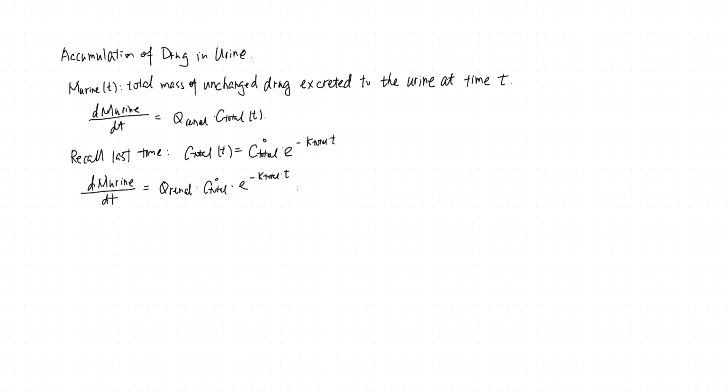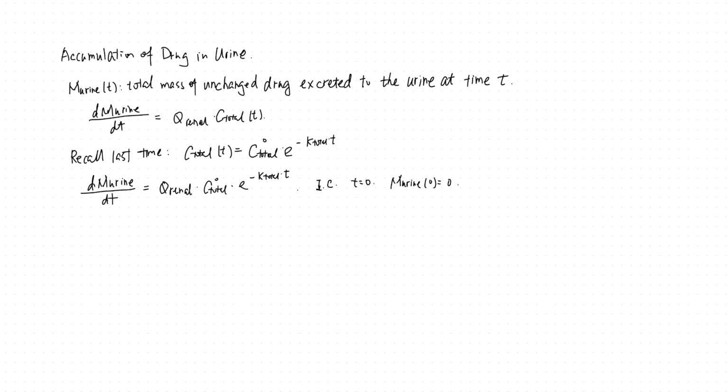So the initial condition is the mass in urine at time equal to 0. Would it be zero? Yes, because there was no drug in the urine to begin with.